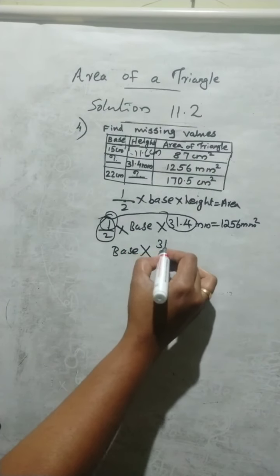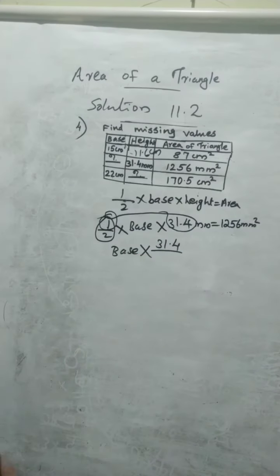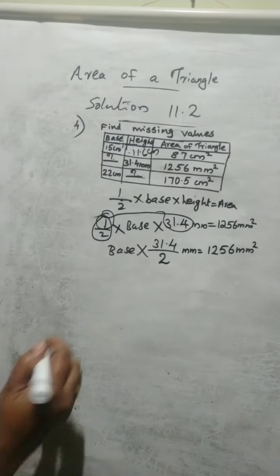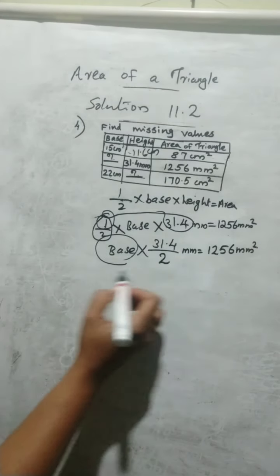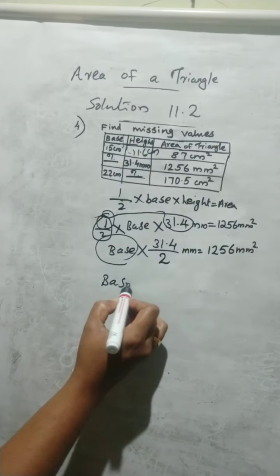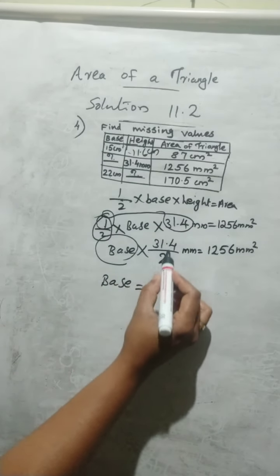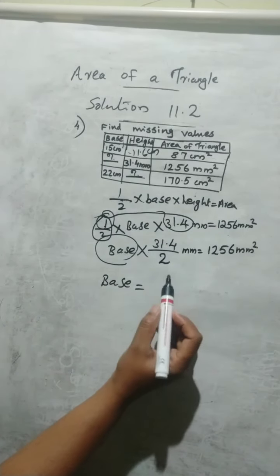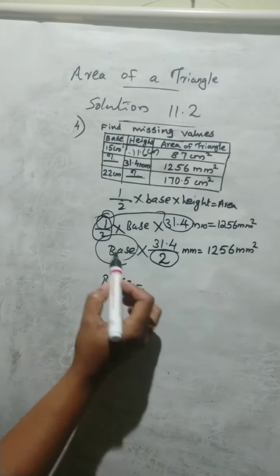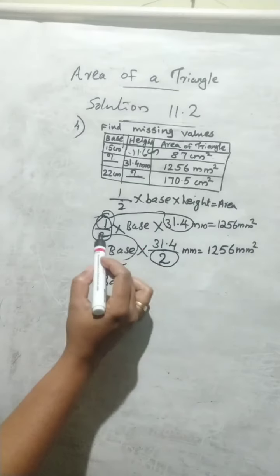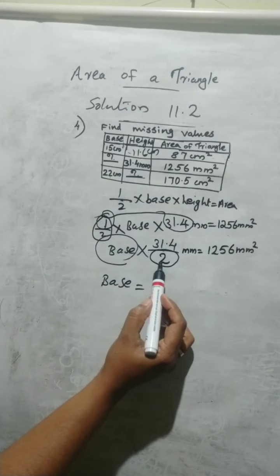That is 31.4 on 2. Now we have to find base. We know base times height is equal to area. Here height, we have to divide by 2 because 2 is the denominator.